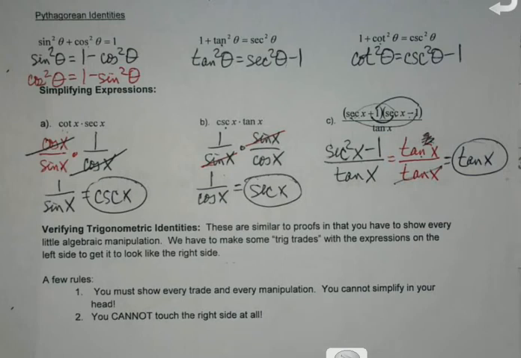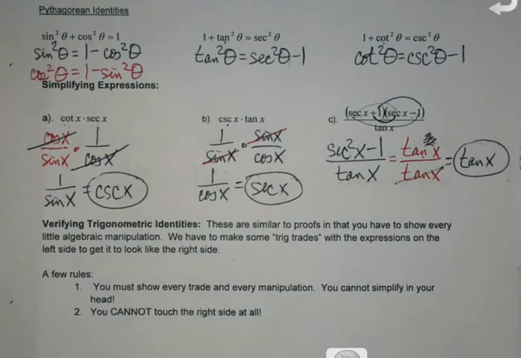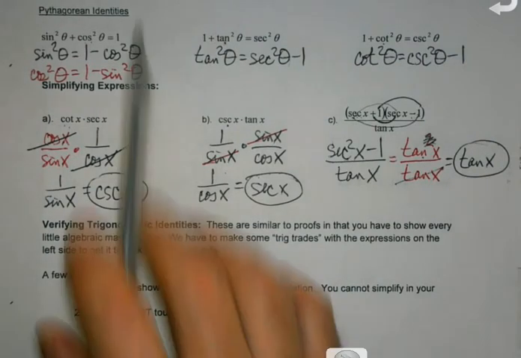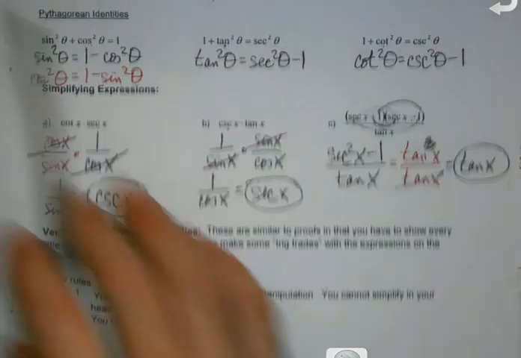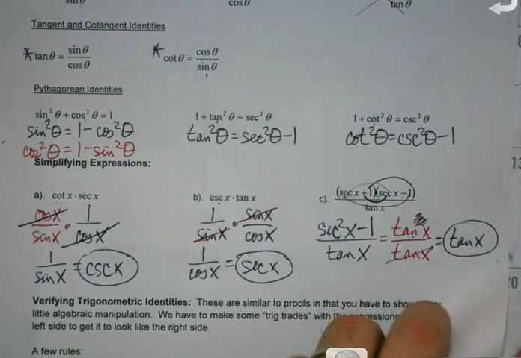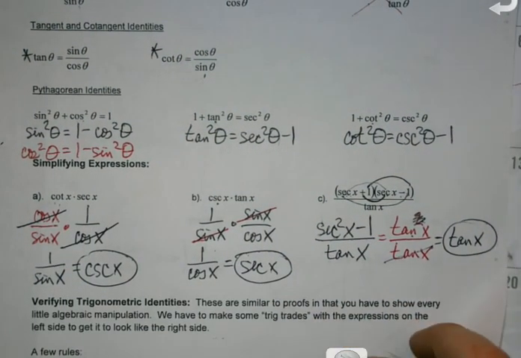And I don't know why this says there's a few rules, because there's only two. You must show every single trade and thing that you do. There's no doing this in your head. And you can't touch the right side of the equation. We're going to manipulate the left side to make it look like the right at the end. And those are the only two rules. Oh boy. So get ready to flip back and forth, because our identities that we have up here at the top are going to help us out a lot. So here we go.